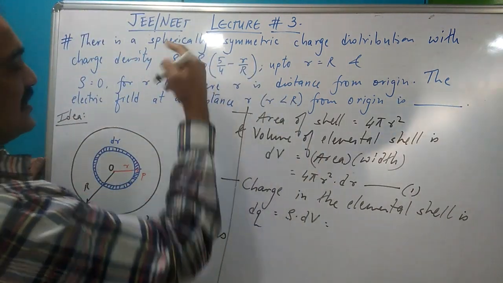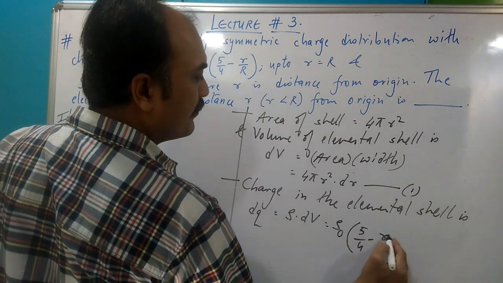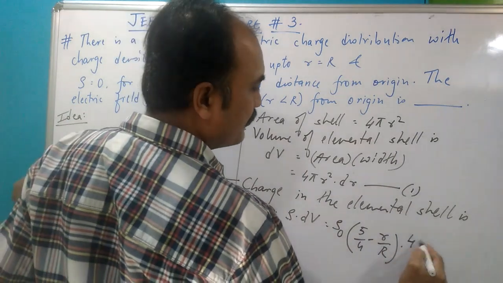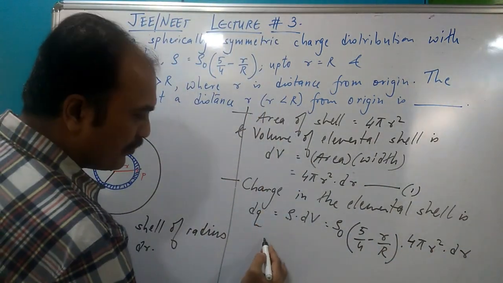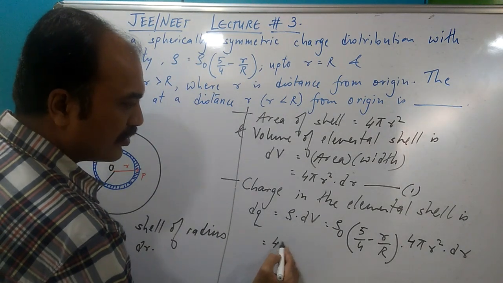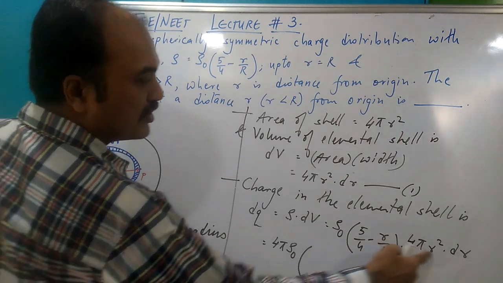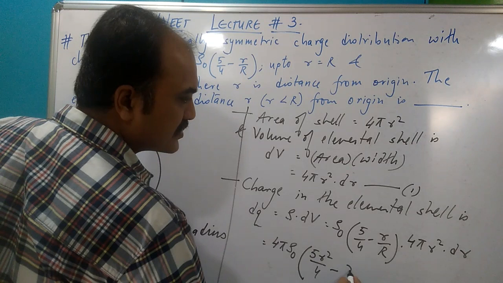So my volume charge density is out here. Be careful. Be utterly careful. Into, this is the volume. If you want, I can put up a little more stuff, 4 pi rho 0, and let me put r square inside, minus.